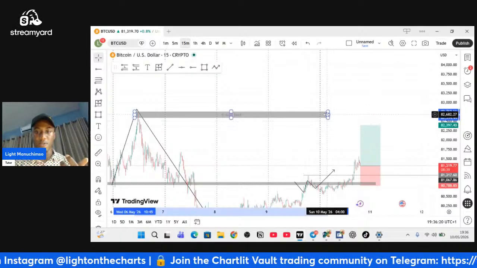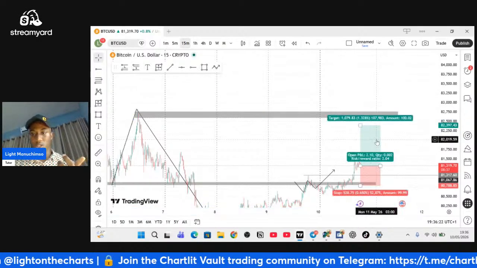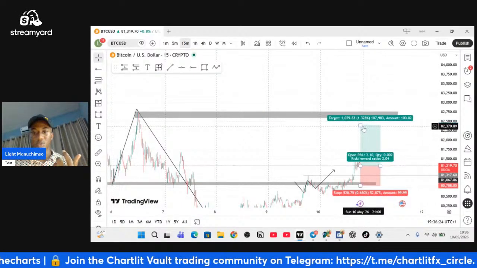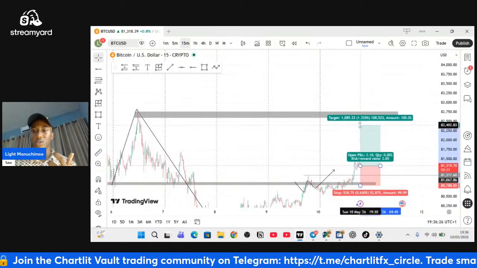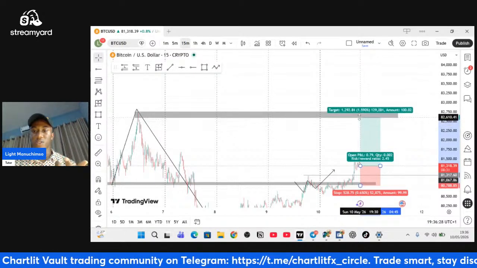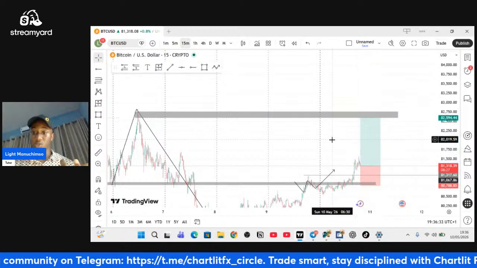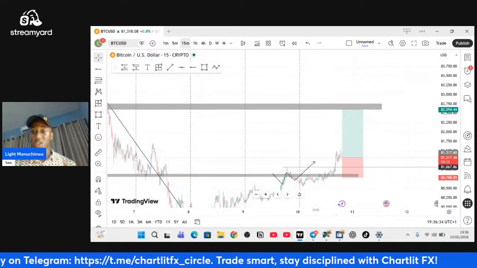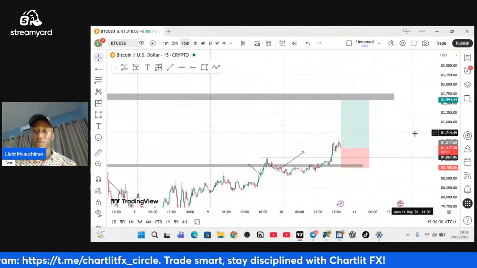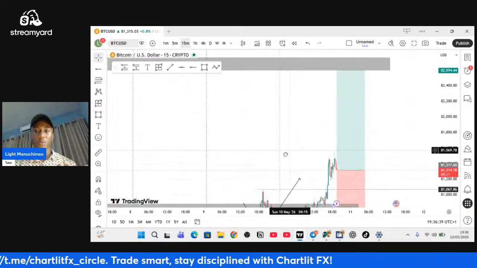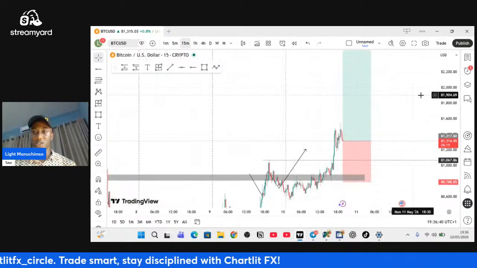This is where I should be aiming for. Already, it's 1:2, so there's no need for me aiming for this high right here. You can also aim for the high too, as well. This is how you set your take profit and how you set your stop loss.